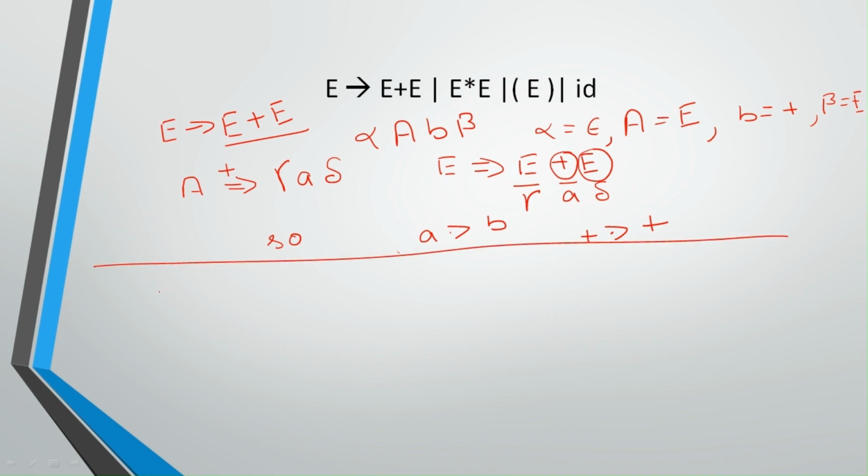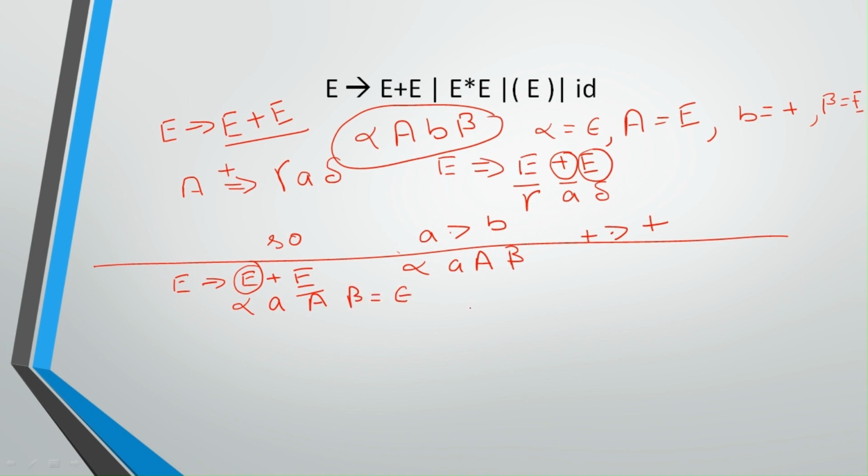Again, for the same production, just compare like this. E is rewritten as E plus E. For the lesser relation, in the form alpha A A beta, alpha becomes E, A is plus, and this E becomes the next symbol, beta is epsilon, and as we know, A derives in one or more steps gamma B delta.